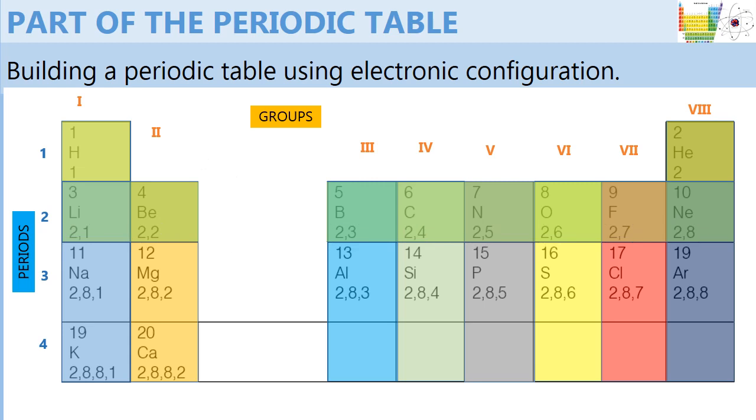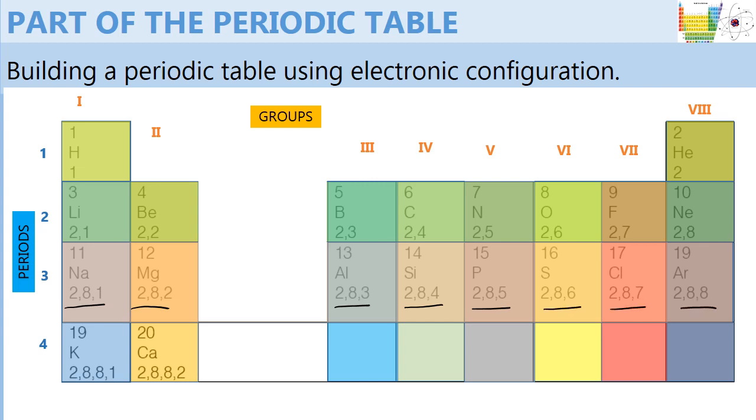When we move on to period 3, we have sodium, magnesium, aluminium, silicon, phosphorus, sulfur, chlorine, and argon. Again, you will notice that each of the electron arrangements has 3 energy levels. For example, aluminium 2,8,3, phosphorus 2,8,5, and so on and so forth.